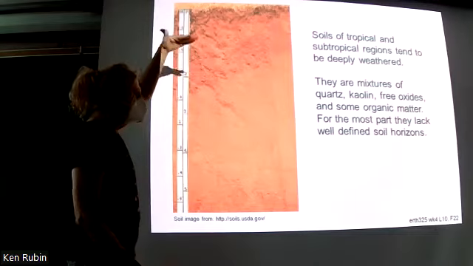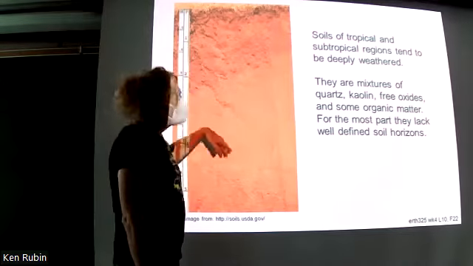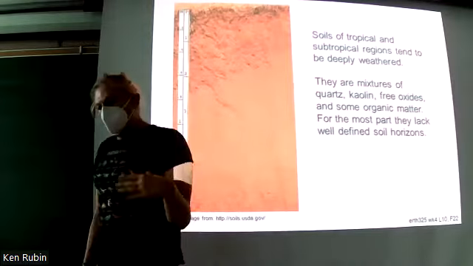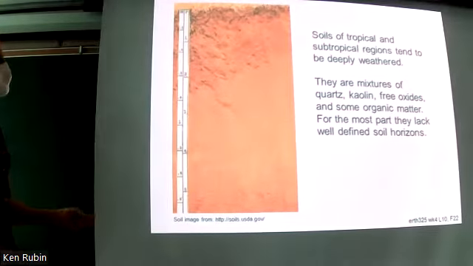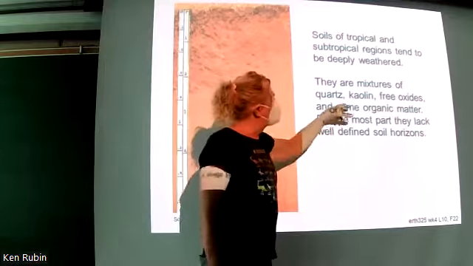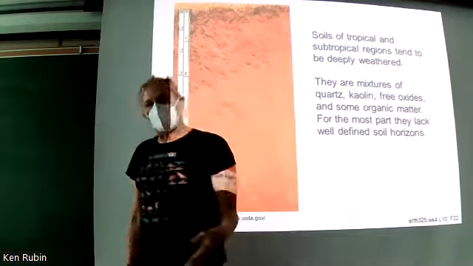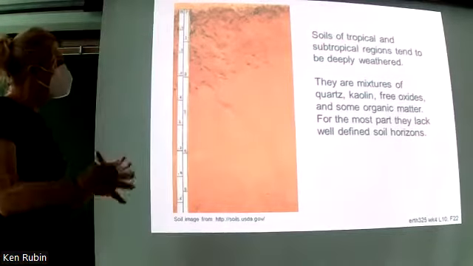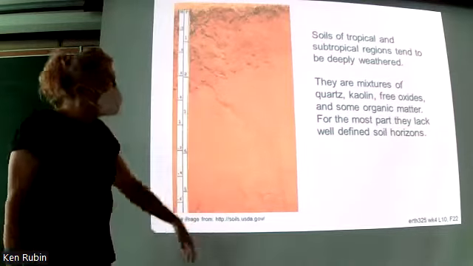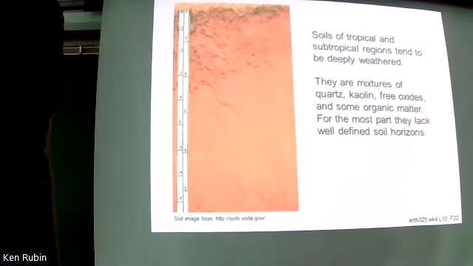We get very thick soil horizons, and we have very little organic matter. So mostly we just get the really resistant minerals that we talked about last time, the quartz and iron oxides, along with kaolinite, clay, or kaolin when it's in a rock deposit. And in this case, there isn't much of a set of horizons here.